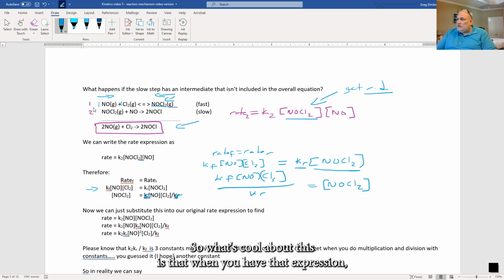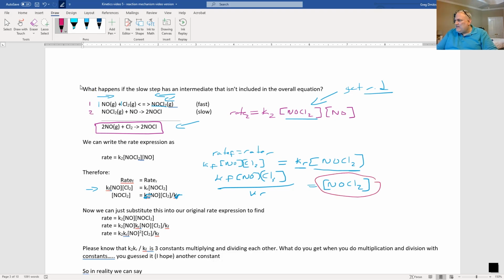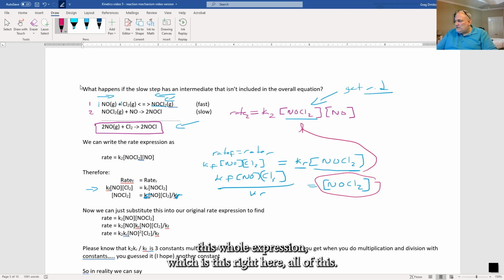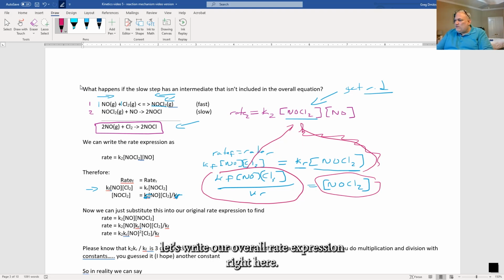So what's cool about this is that when you have that expression, you can take this right here and sub it back in to this. We can take this whole expression and put it into here, so it's going to replace it. Let's ignore this line here. But this is that. So when we substitute it back in, let's write our overall rate expression right here.